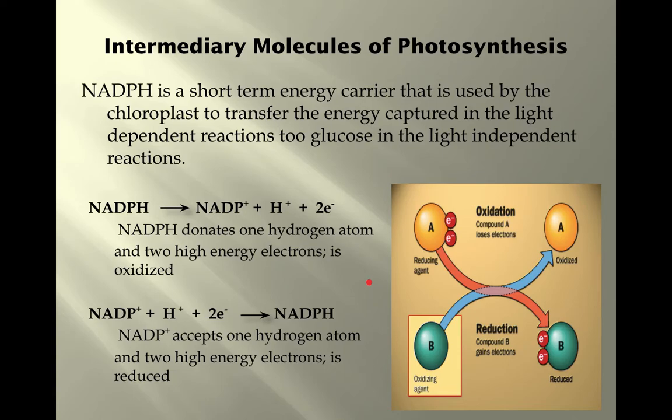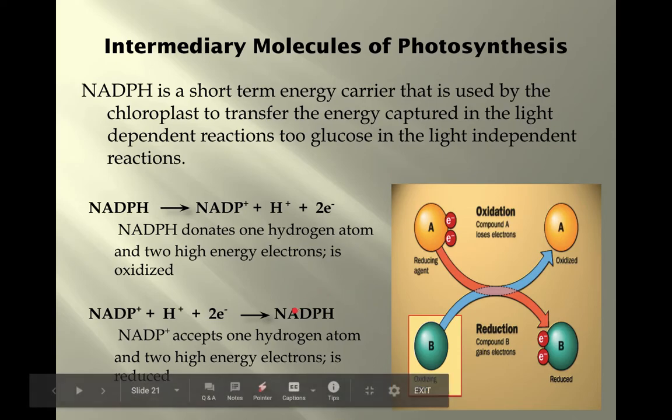So in the next step of photosynthesis, NADP plus will be reduced. It will gain 2 electrons to become NADPH. Now, we need a proton, or a hydrogen ion, to balance the charges and to be able to hold the 2 electrons.